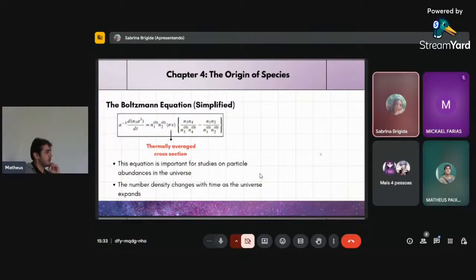Okay. Thank you. Another comment is that when you are considering theories beyond the standard model, sometimes you have a lot of interactions that you need to consider. For example, dark matter can be produced through standard model particle annihilation.